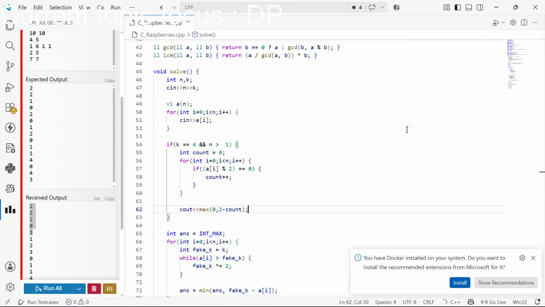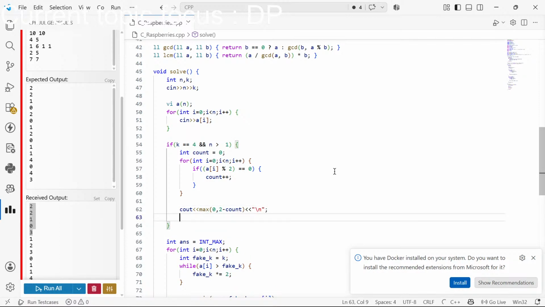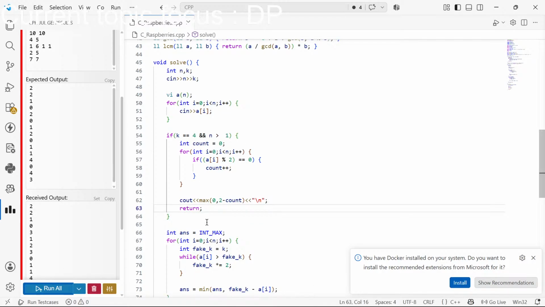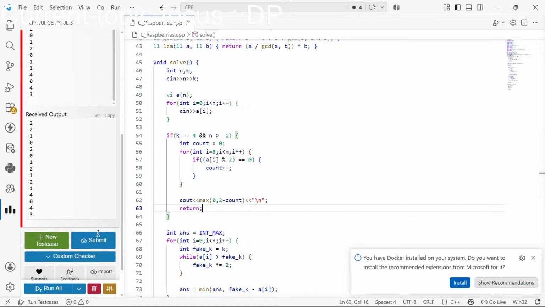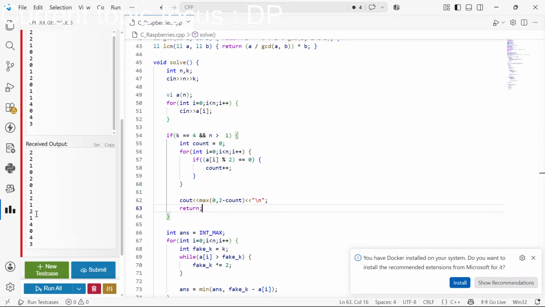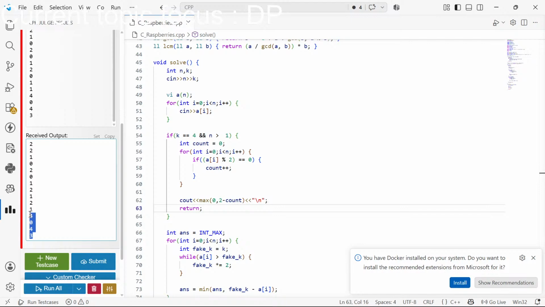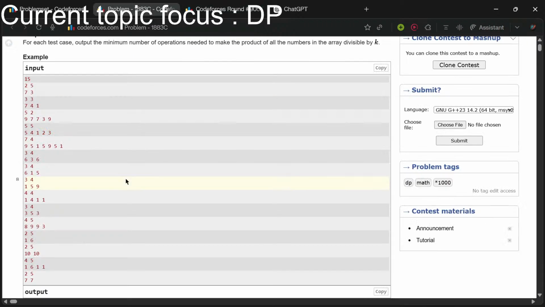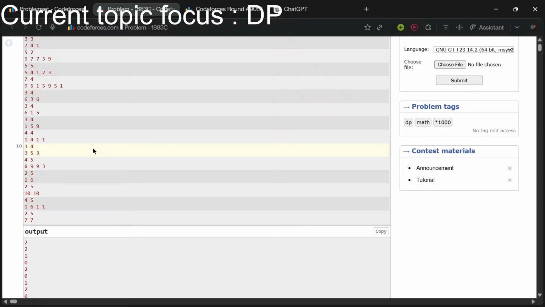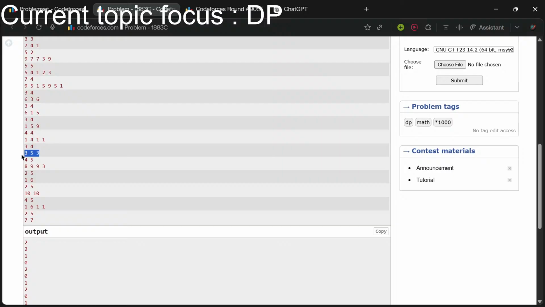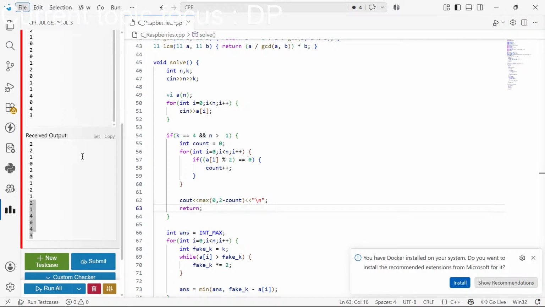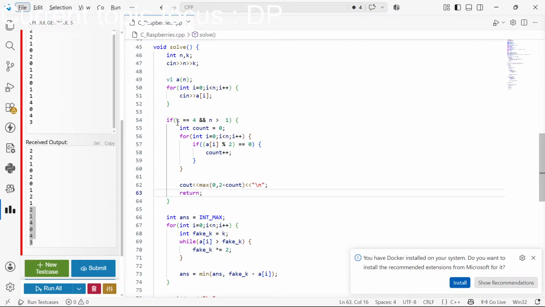Let's count. Okay. 3, 4, 5, 6. Last sixth. 3, 5, 3, comma 4. Of course. Of course, it's the fourth test case. Why are you hunting me? A is equal to 4 and n greater than 1.